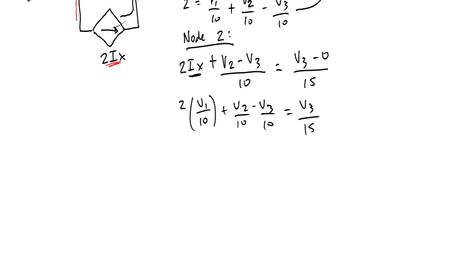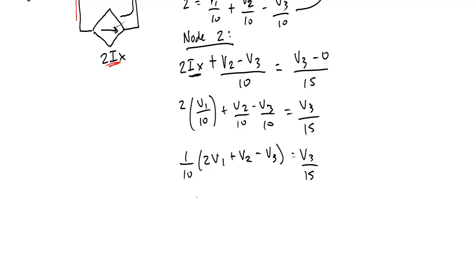Okay, so let's keep on going. Let's get rid of this 10. So we have 1 over 10, 2v1 plus v2 minus v3 is equal to v3 over 15.